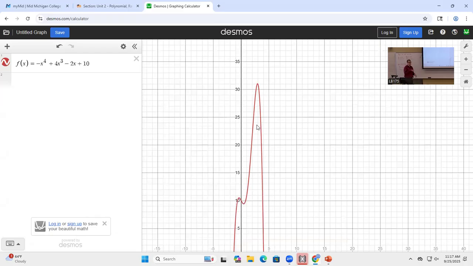So we have some wiggles in the middle, but at the end, we can see it's going down in both directions. And you'd see a very similar thing with g of x too. Some wiggle in the middle, but towards the right, it's going off to infinity. Towards the left, it's going off to negative infinity.